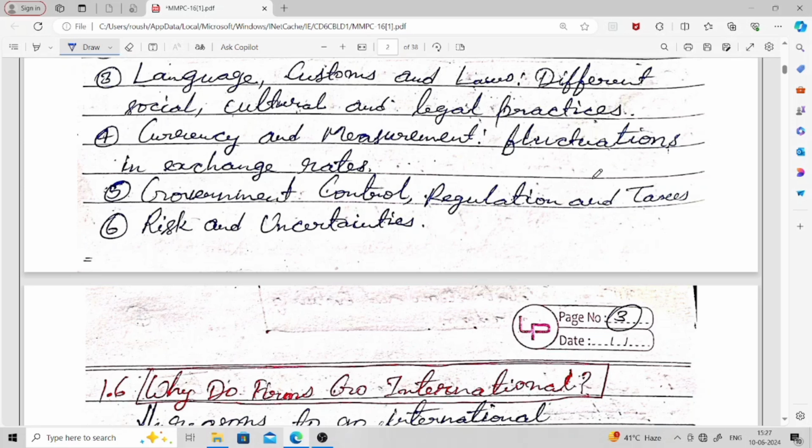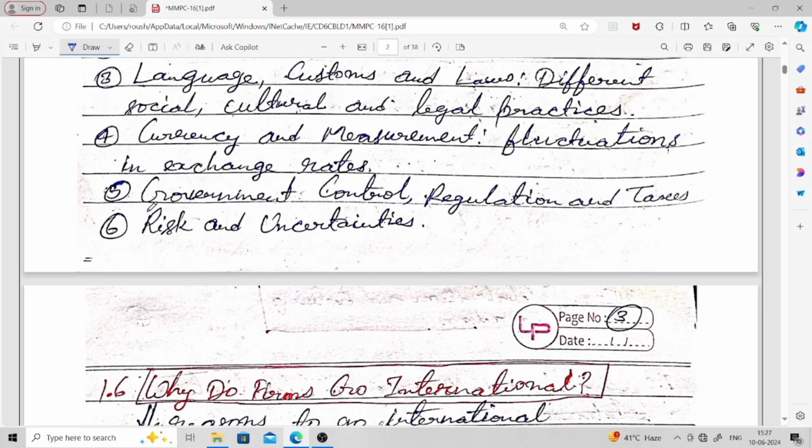Then next, fifth number, government control, regulation and taxes. That is also a problem, because governments use different methods to control and regulate international trade, and impose different kinds of taxes also. So combined, these things, government control, regulation and taxes, affect international business.